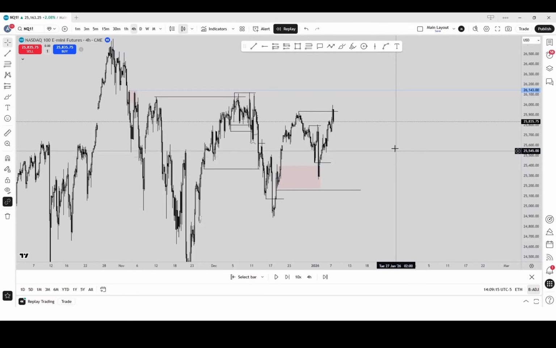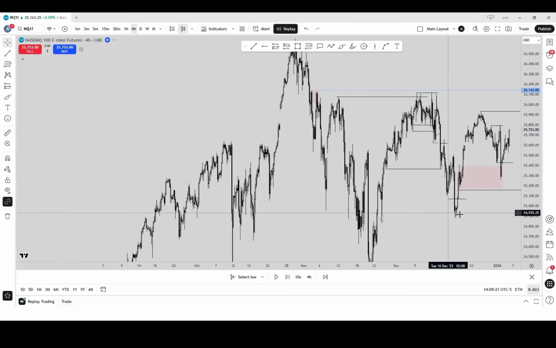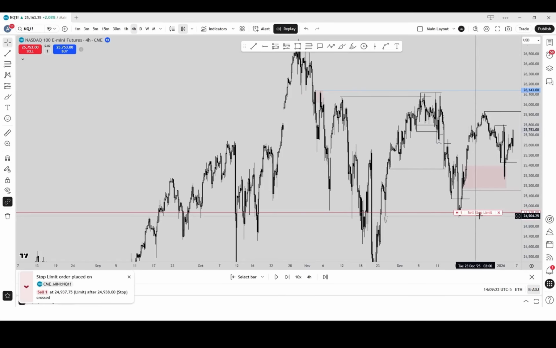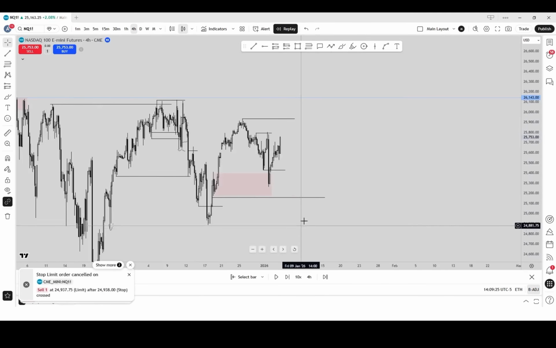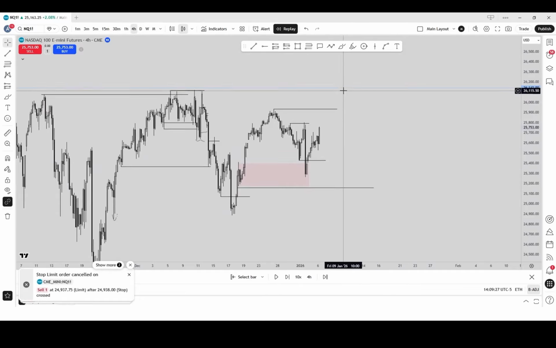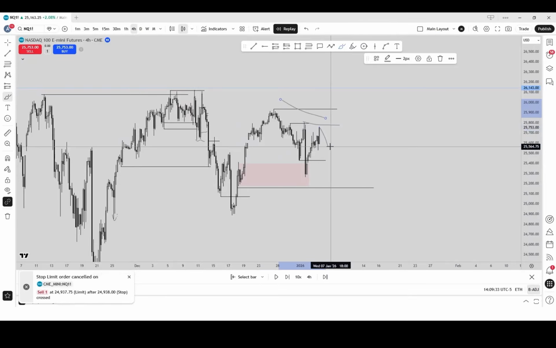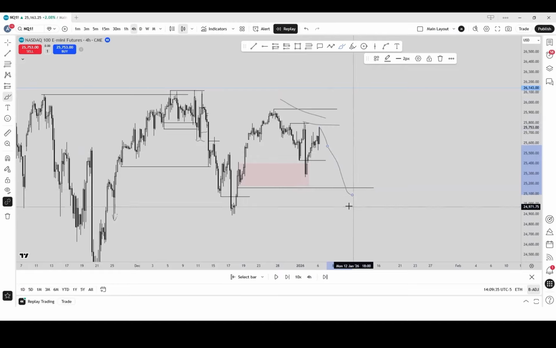All right? Sometimes you'll see price will leave liquidity to the upside if it's not ready, and it'll come take this out. Okay?